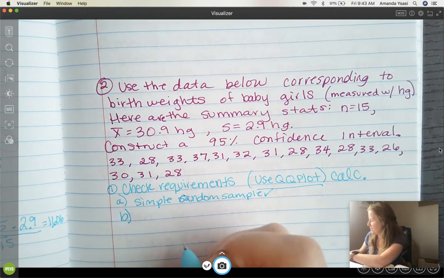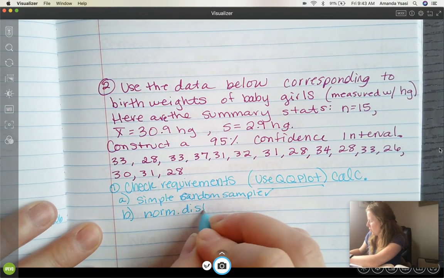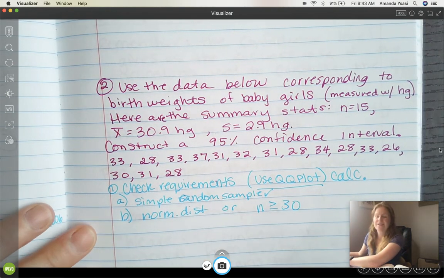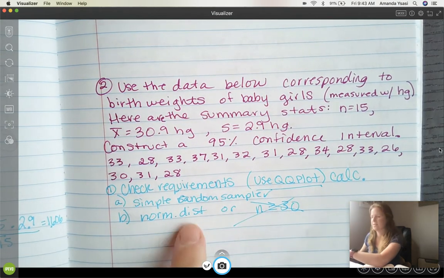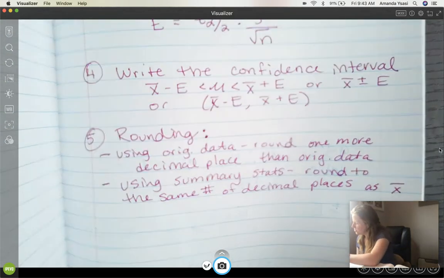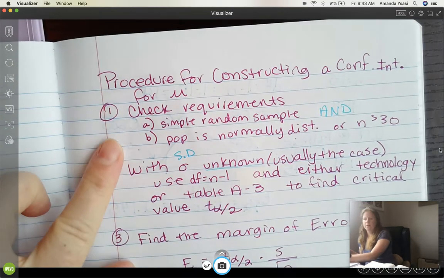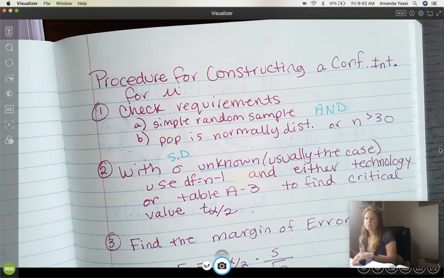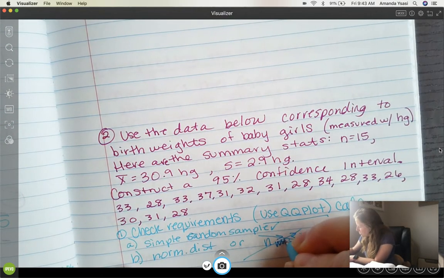B is either it's a normal distribution or n is greater than or equal to 30. It's not greater than or equal to 30. So no. So we've got to check standard normal. Okay, so remember how I found that? Oh, that was over here. It should just be greater than, I always write that.